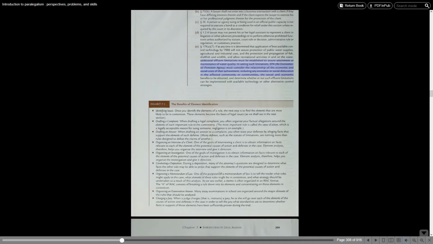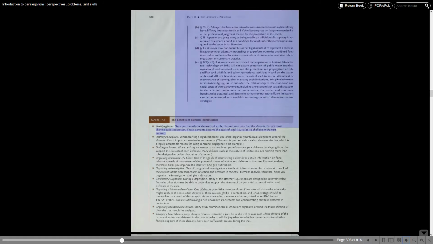In setting such limitations, EPA, the Environmental Protection Agency, must consider the relationship of the economic and social costs of their achievement, including any economic or social dislocation in the affected community or communities, the social and economic benefits to be obtained, and determine whether or not such effluent limitations can be implemented with available technology or other alternative control strategies.